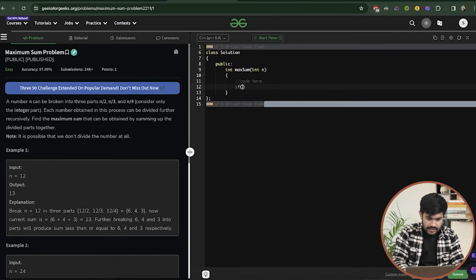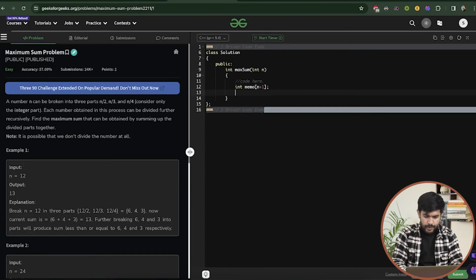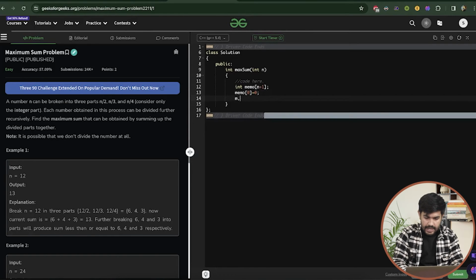Let's just do this. We would make an int memo array of size n plus 1. Simple enough. Then we write memo array of 0 is equal to 0 and memo array of 1 is equal to 1.